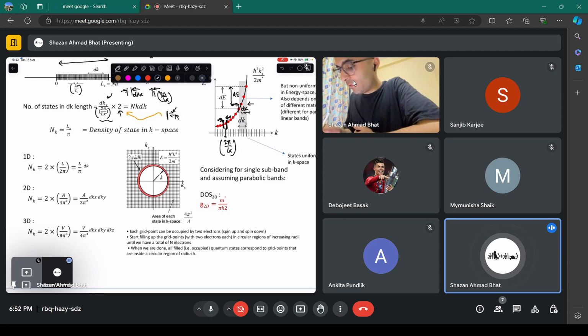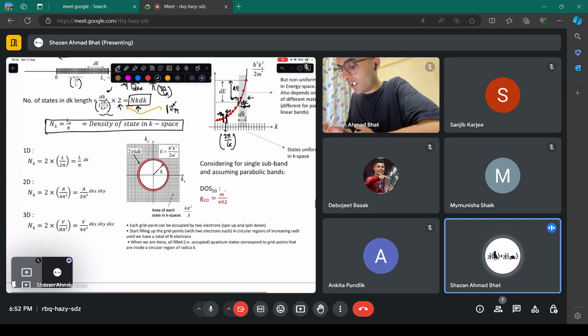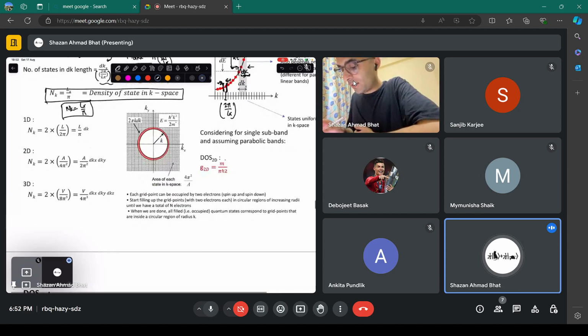When you solve this, you get something like n(k)dk, which is n times the number of sites times the overall width. When you do the maths, you cancel the 2 and 2 terms, and you get n(k) equal to Lx divided by pi, which is the density of states in k space.